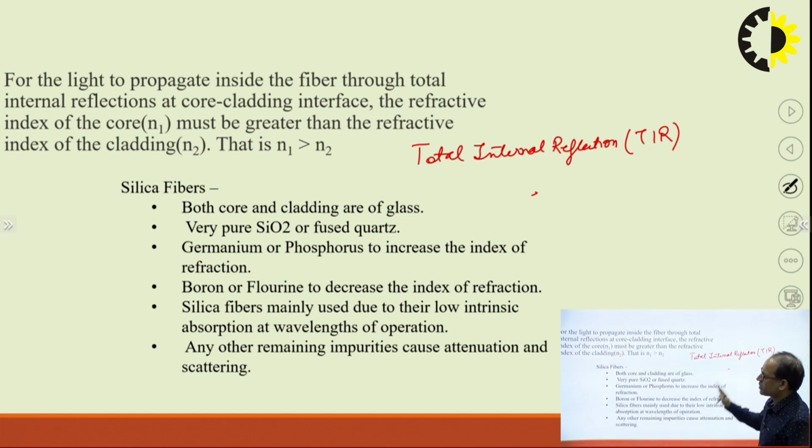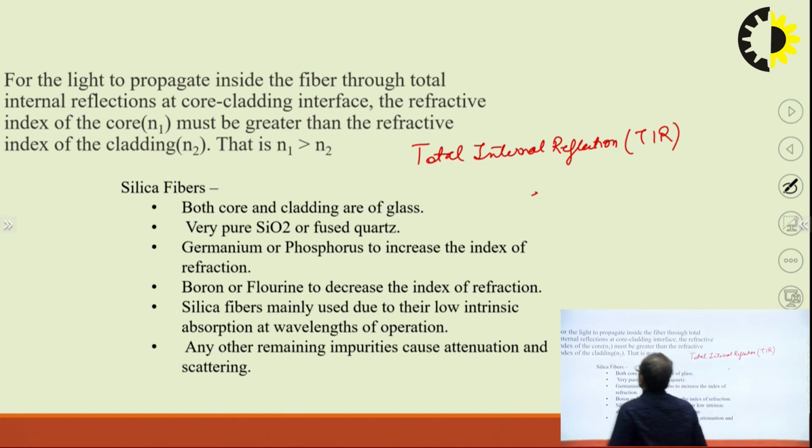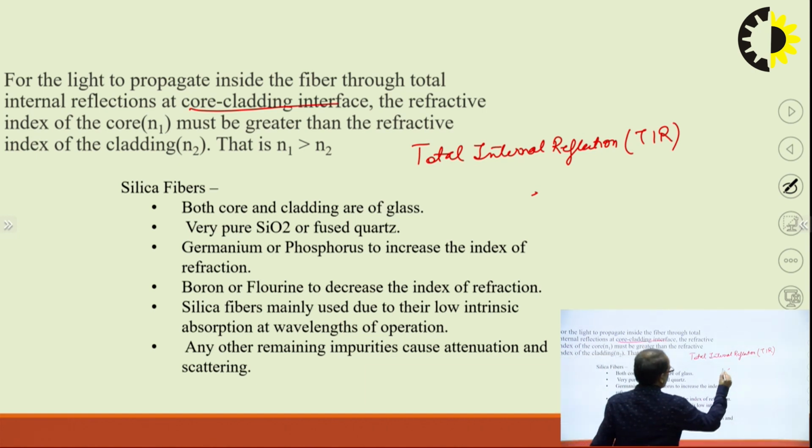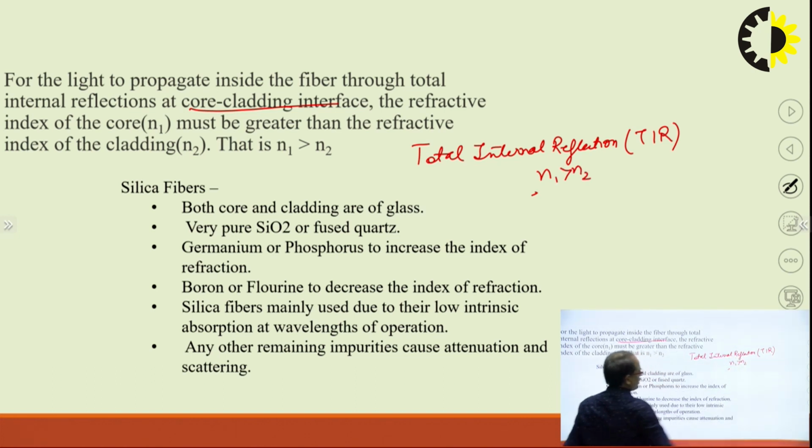This is the basic principle in the optical fiber cable for the transmission of signal, or the transmission of a ray. This total internal reflection takes place at the core-cladding interface, for which N1 should be greater than N2 to perform TIR.